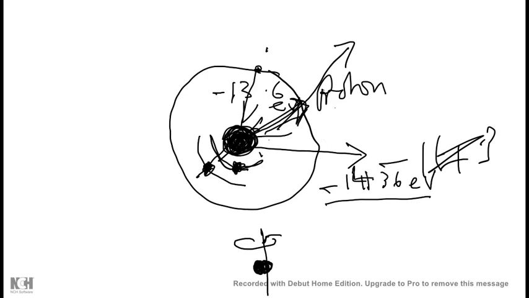Now, the effect of that is that it becomes negatively charged, because sitting there at its minus 13.6, this is the balance of it. So it's neither positive nor negative.